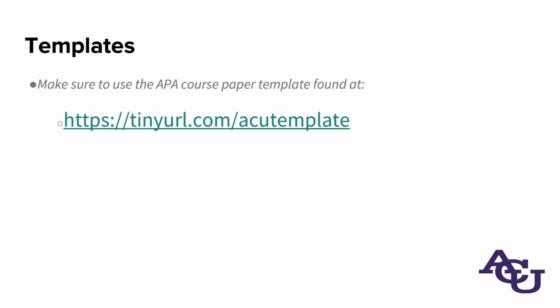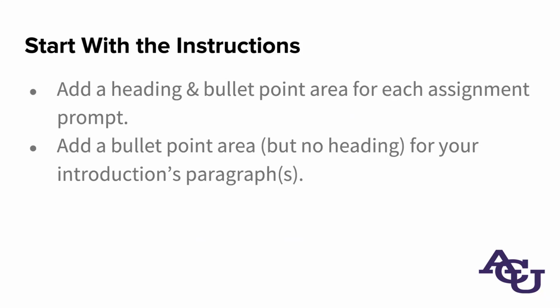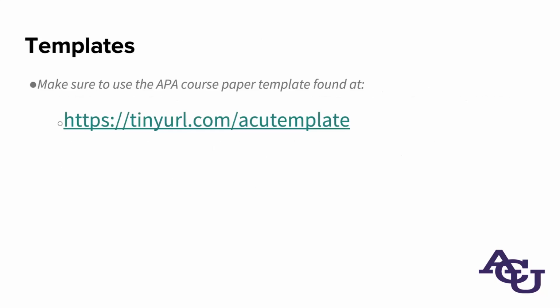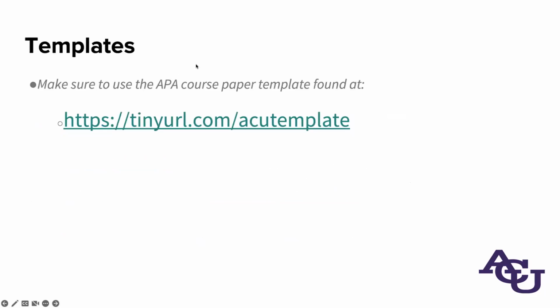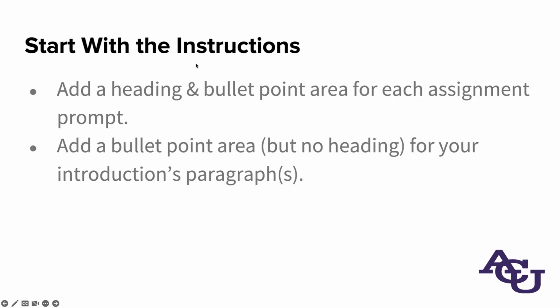And if there are cues in the rubric labeling assessment, diagnosis, planning, interventions, evaluation, especially when they've told us to use the ADPI formula, that's a good, strong hint to add some section headings so that it's clear you're putting the right information in the places they're asking for.